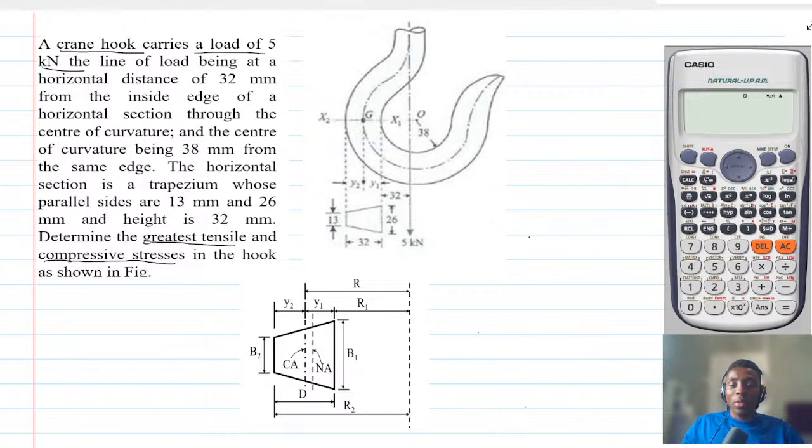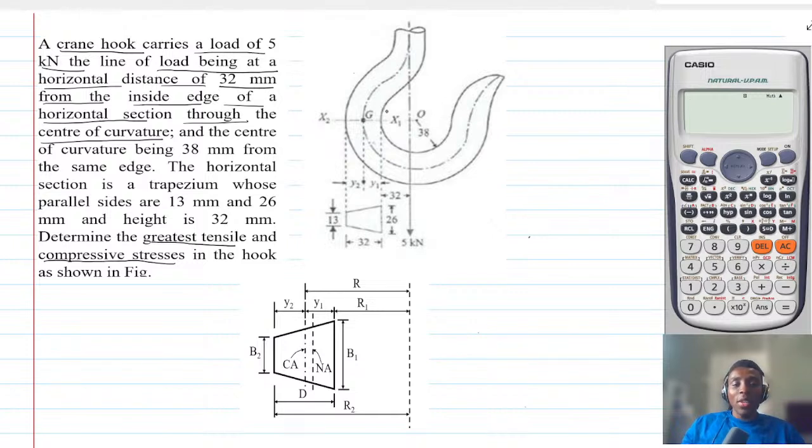And then what else? We have been given that the load is at a horizontal distance of 32 millimeters from the inside edge of a horizontal section through the center of curvature.